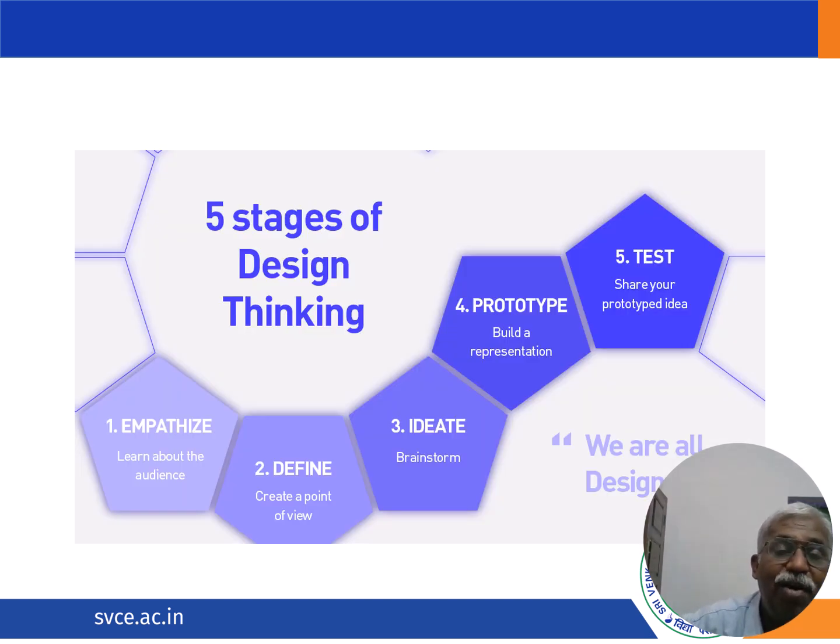Here we have 5 stages of design thinking. As I told initially, first empathize, then define the problem statement. Third, ideate. Fourth, prototype. Fifth is testing. Students, now you define one problem statement. How will you define the problem statement?